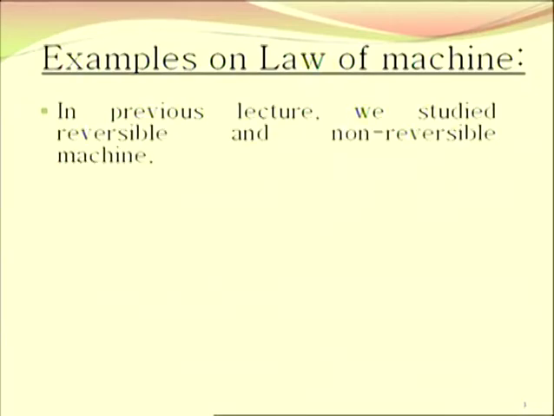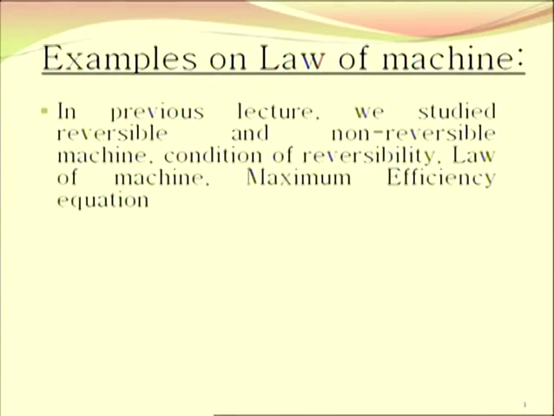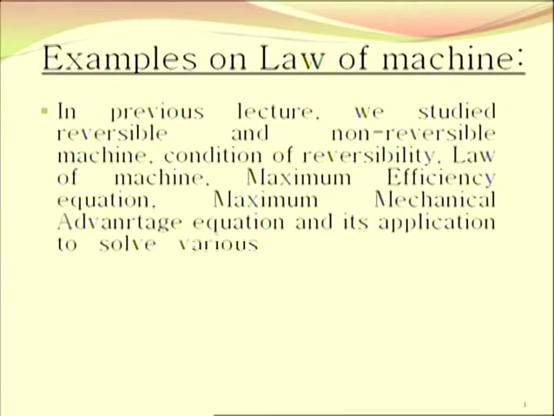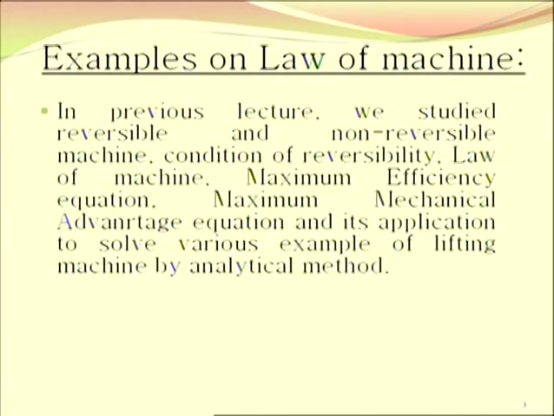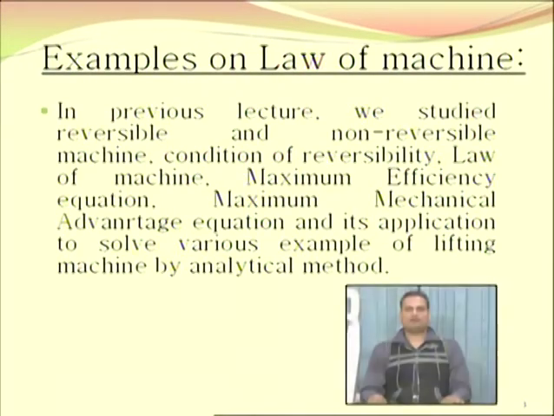In the previous lecture we studied reversible machine, non-reversible machine, condition of reversibility, law of machine, maximum efficiency equation, maximum mechanical advantage equation, and its application to solve various examples of lifting machine by analytical method.